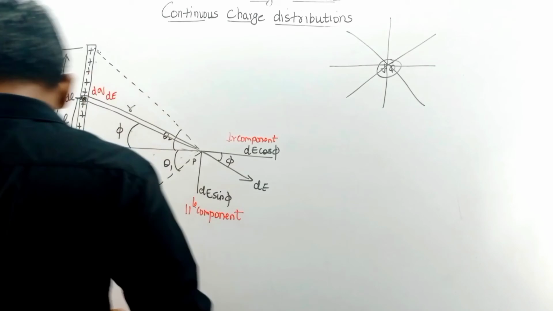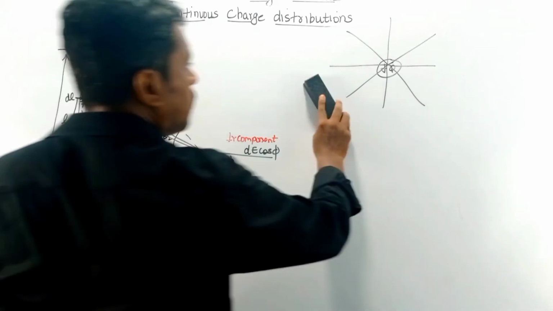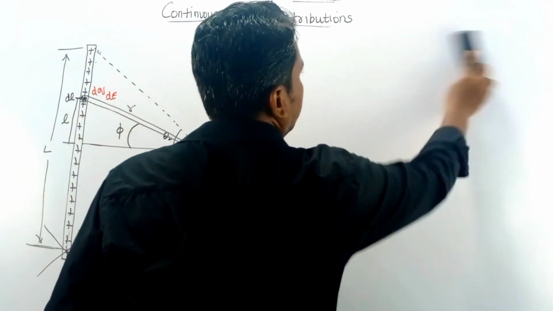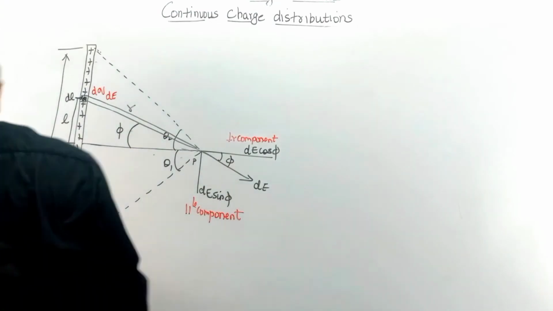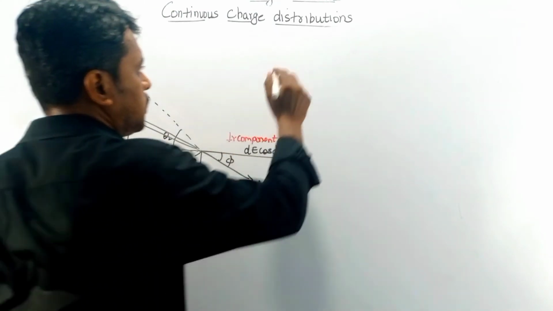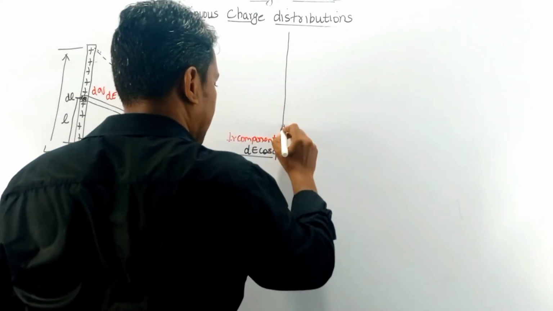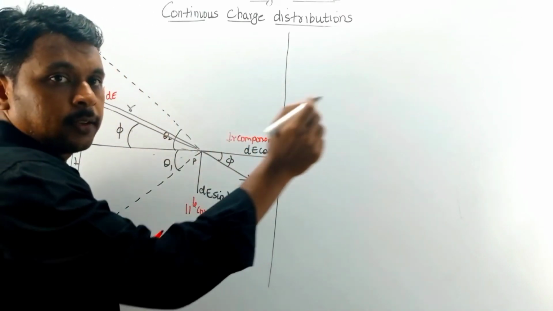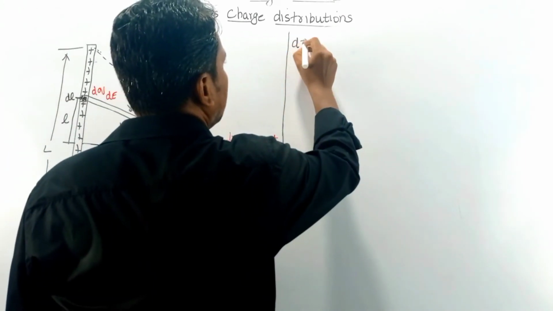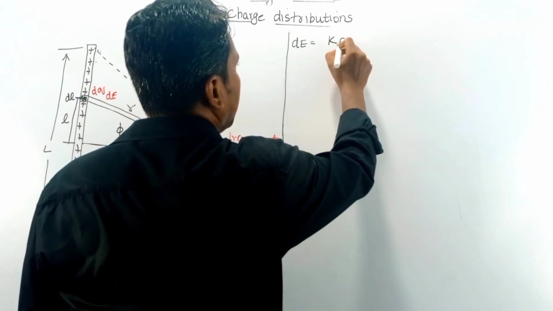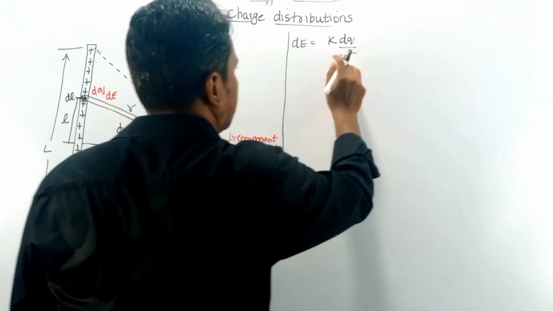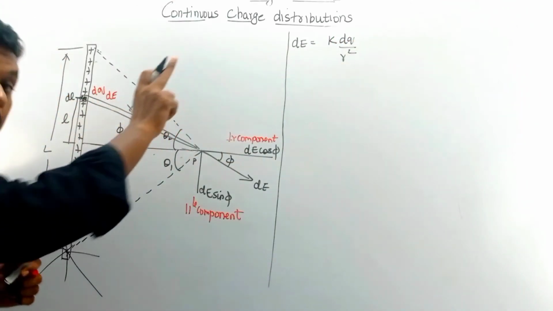First we will find the expression for dE, then the limits for the parallel and perpendicular components. You know that dE is nothing but k dq by r squared.